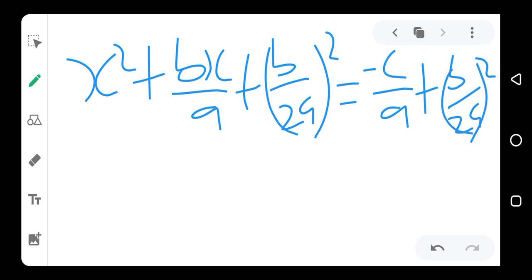Now, because we got the b over 2a squared from this value, we are going to remove this one and replace the whole thing here with this b squared value.